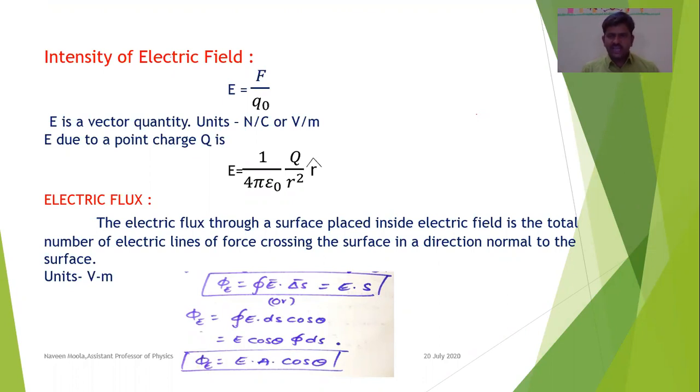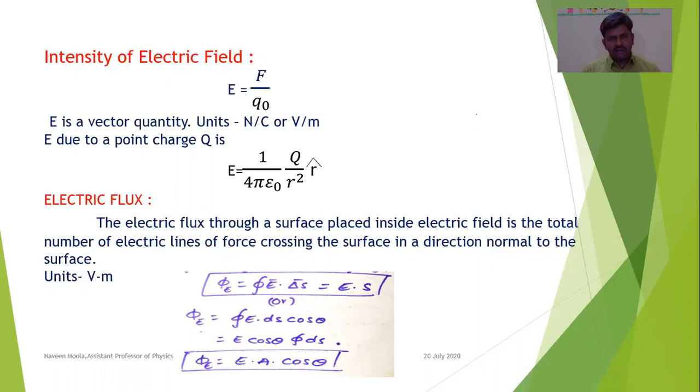First one is intensity of electric field. Intensity of electric field is equal to F by q naught. Intensity of electric field at a point in the field is the force acting on unit positive charge kept at that point. The units for electric field intensity are Newton per Coulomb or volt per meter. It is a vector.